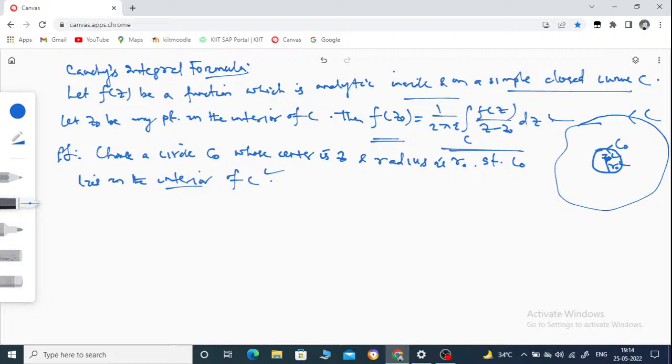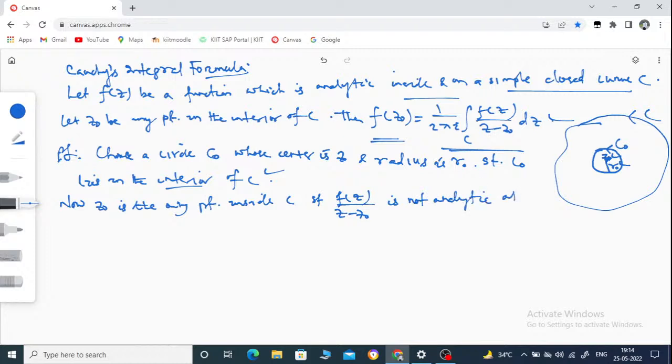Okay. Now z naught is the only point inside C such that f of z divided by z minus z naught is not analytic at that point.